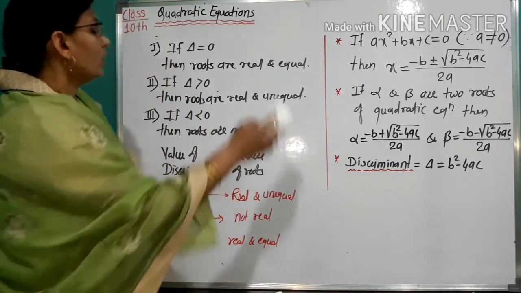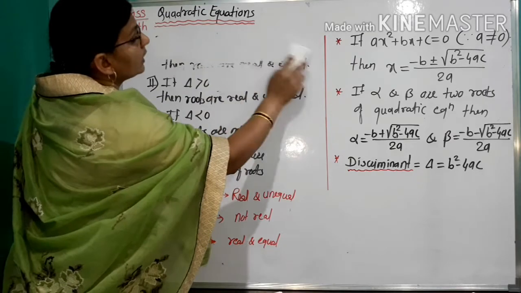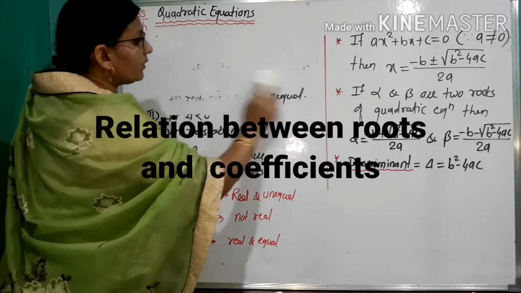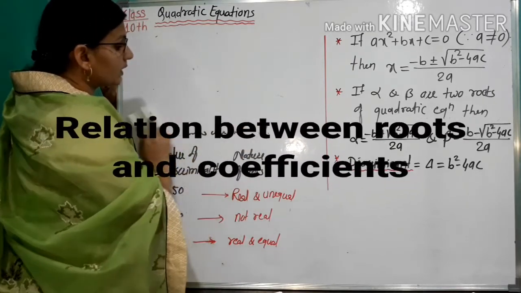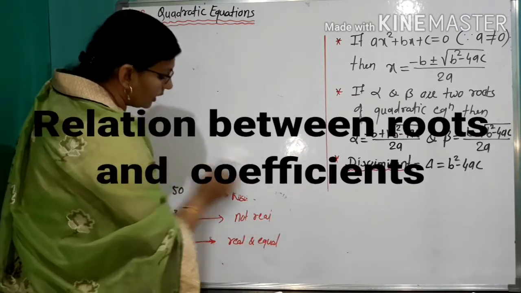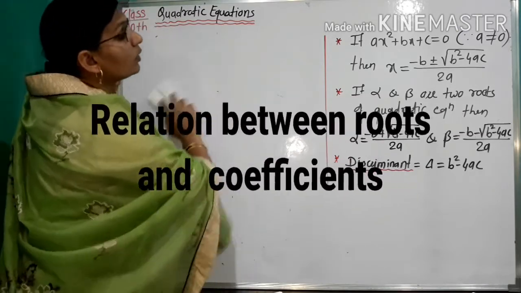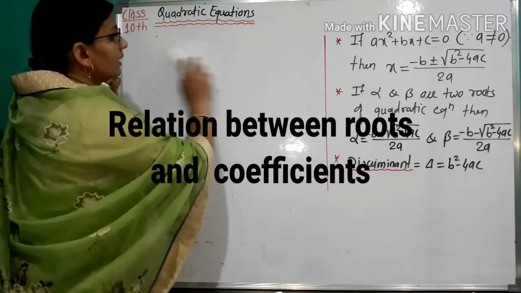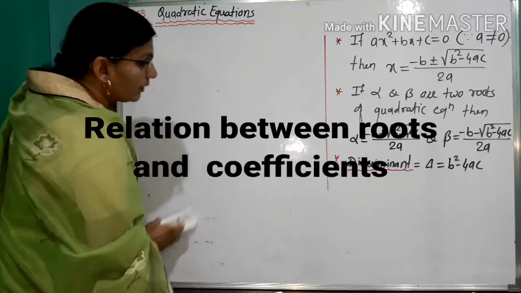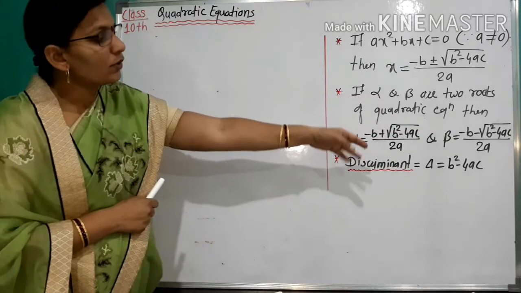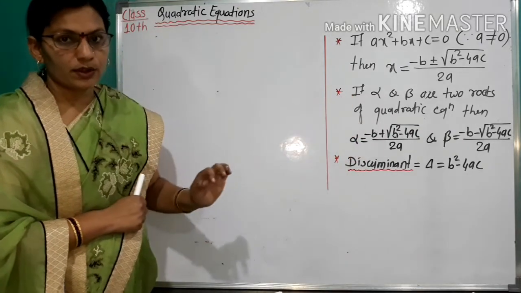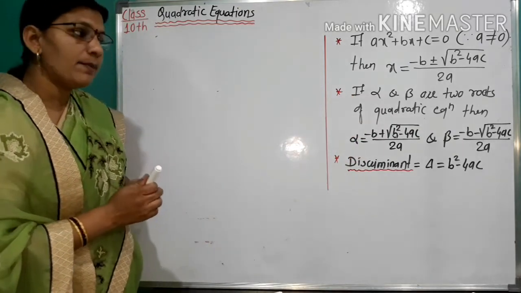Then what is the relation between roots, alpha and beta, and the coefficients, the values a, b and c. First, here given alpha and beta. These are two roots of this quadratic equation. We find first alpha plus beta.